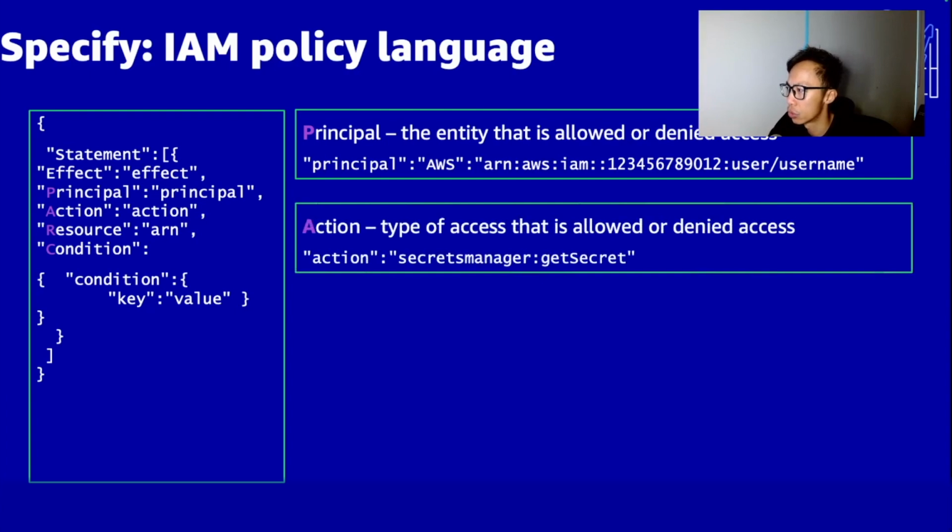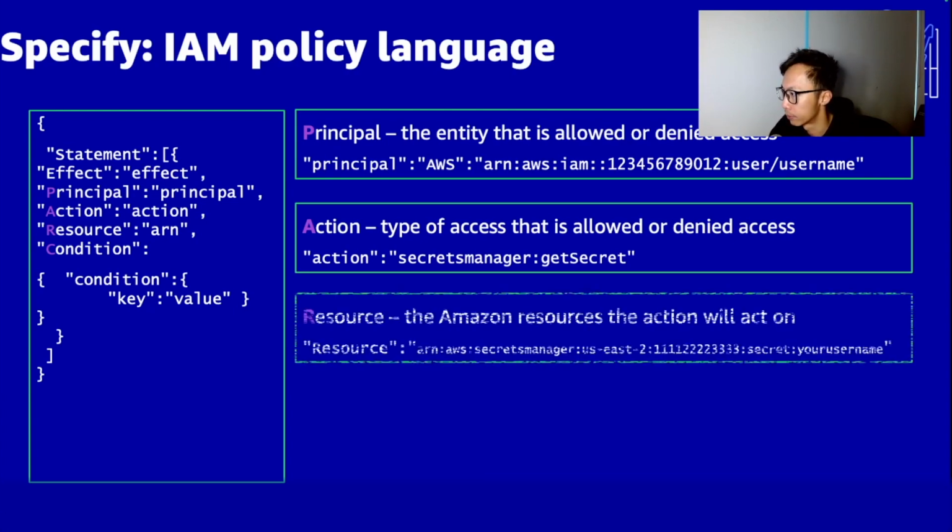Then we come down to A. A means action. Essentially, it is what type of actions this principal can perform on top of the resource. So we have a fine-grained access control definition, and you need to look into the services that you're going to access and make sure what type of actions are allowed on top of them.